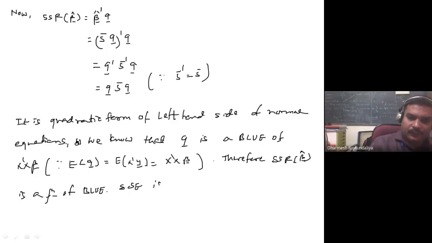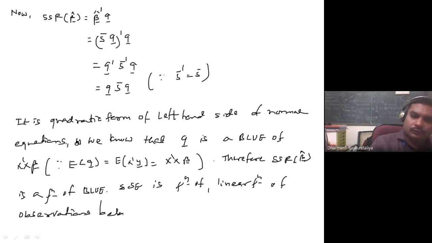SSE is a function of a linear function of observations that belongs to the error space.